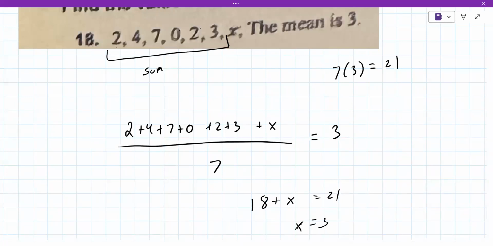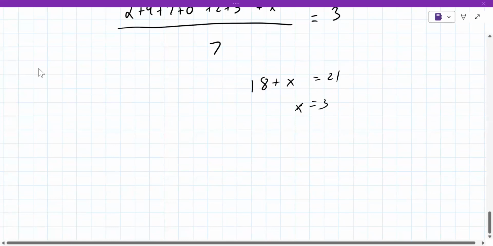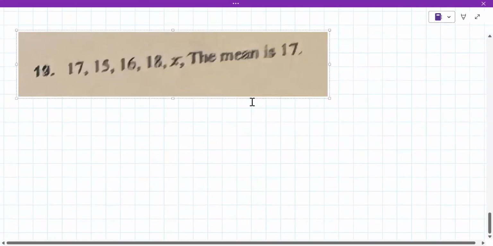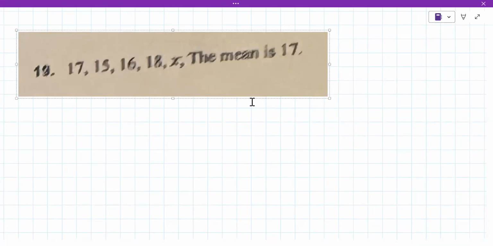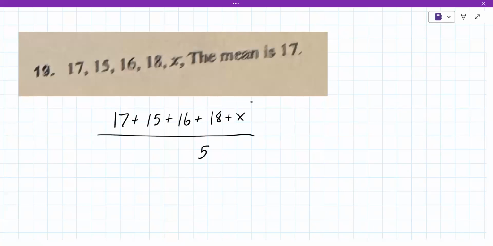Okay, let's try the same thing for number 19. All that divided by 5: 17 plus 15 plus 16 plus 18 over 5 equals 17. 17 times 5 is 85.